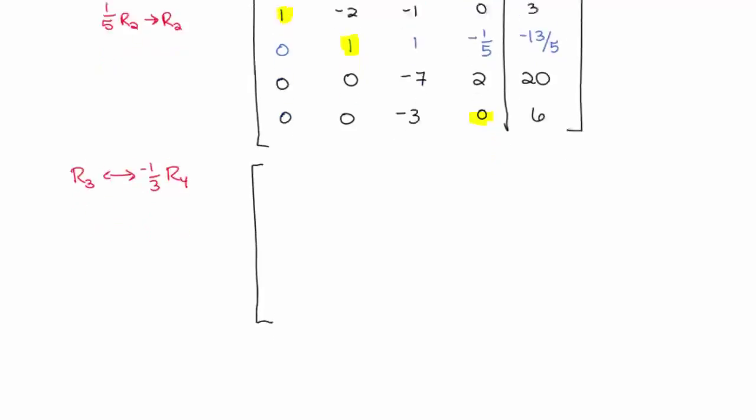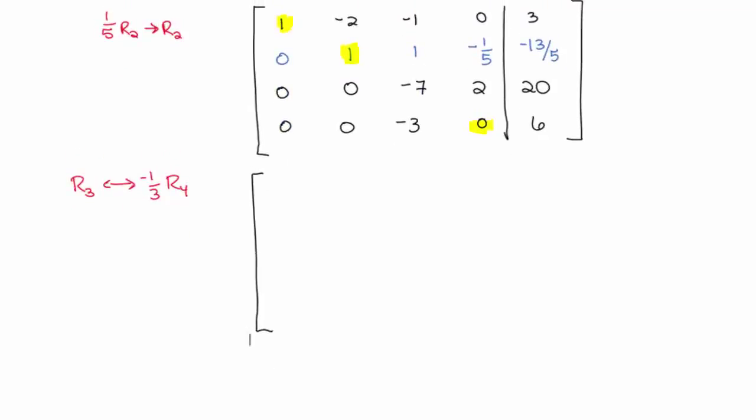Again, let me scroll up a little bit. Row 1 hasn't changed: 1, negative 2, negative 1, 0, augmented with 3. Row 2 is not being touched: 0, 1, 1, negative 1/5, negative 13/5.